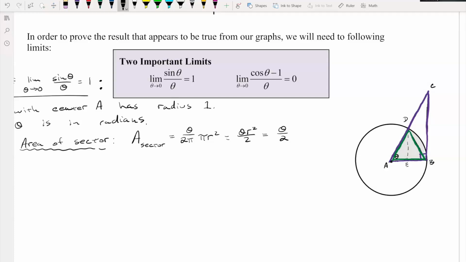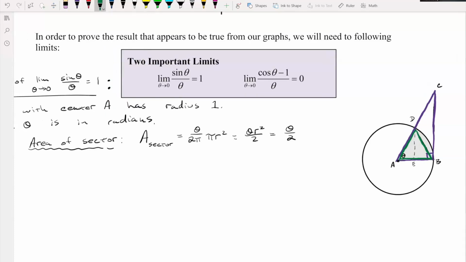Okay, let's go ahead now and look at the green area of triangle ABD. Area of triangle ABD, that's equal to 1/2 the base times the height.